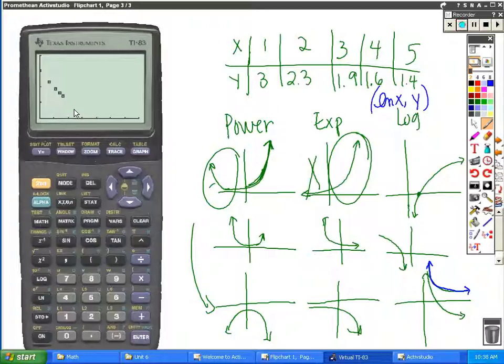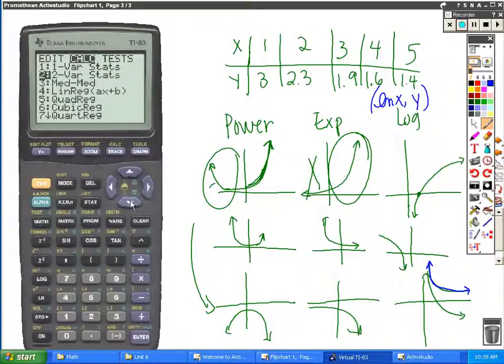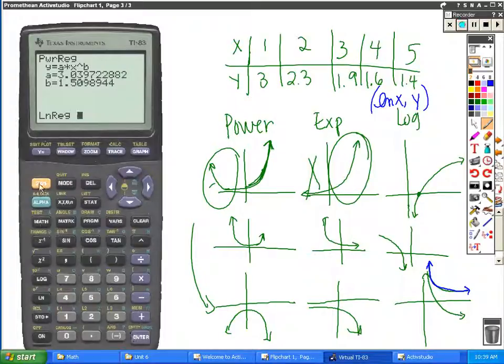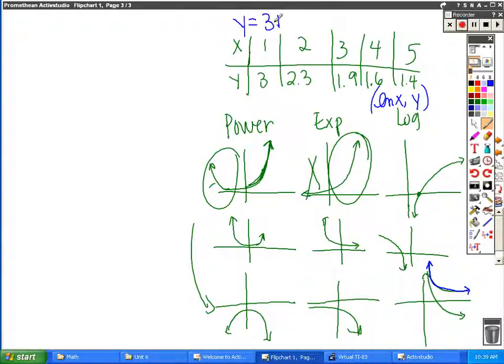Okay, so then I'm just going to make the equation. Stat, go down to calculate. Logarithmic is number 9, ln. Push enter. Remember that I want the original. And there you go. Perfect. So then I'm just going to write my equation. I'm going to make that a 3. So we're going to have y equals 3 plus ln.